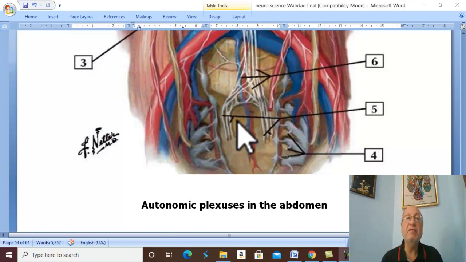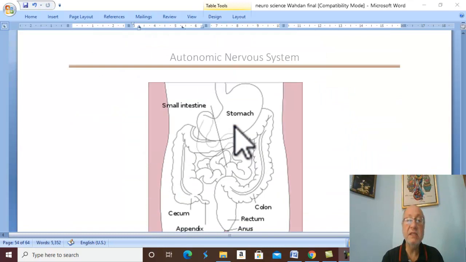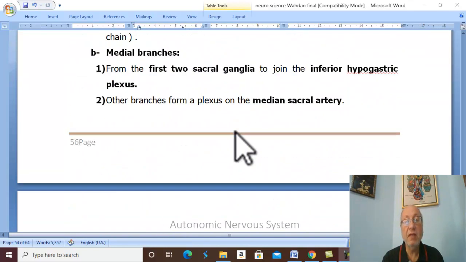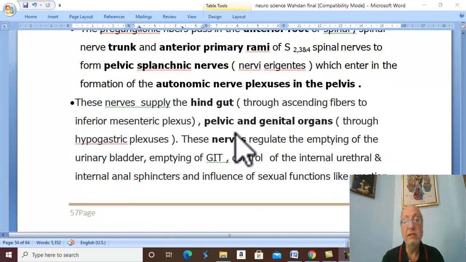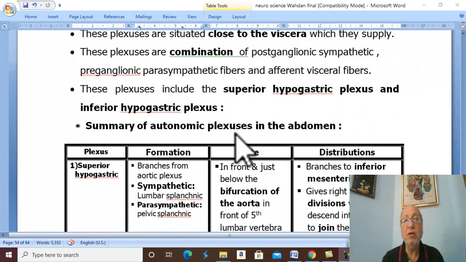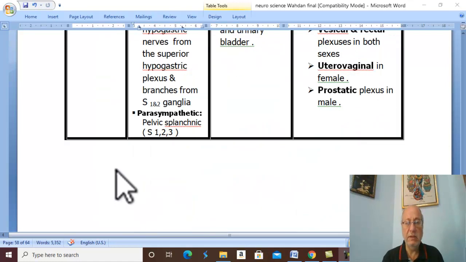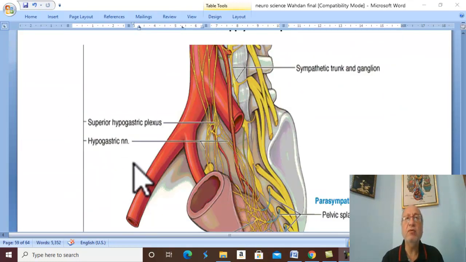What are the autonomic nerve plexuses present in the pelvis? We know one of them from the previous video, which is superior hypogastric plexus. There is a beautiful table for the superior and the inferior hypogastric plexuses. First of all, the superior hypogastric plexus.